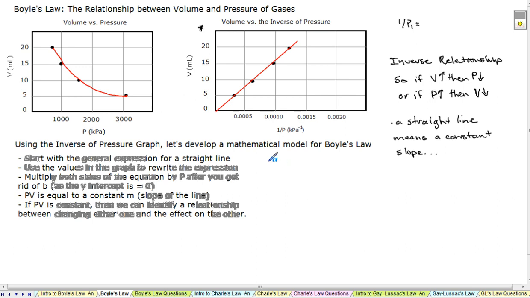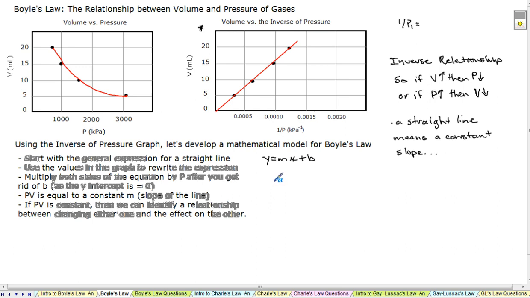So we're going to start with the equation of a line, y equals mx plus b, and try to derive a mathematical relationship between volume and pressure.